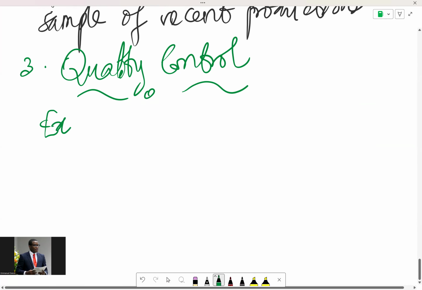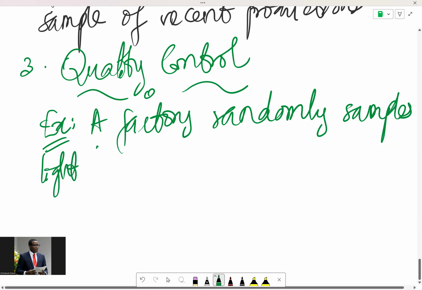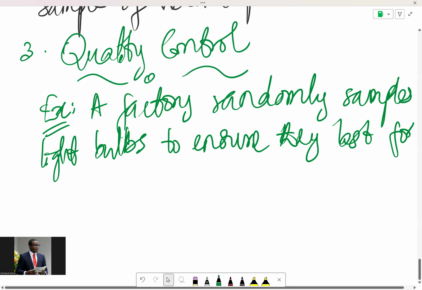A very good example would be a factory randomly sampling light bulbs to ensure they last for the expected number of hours.